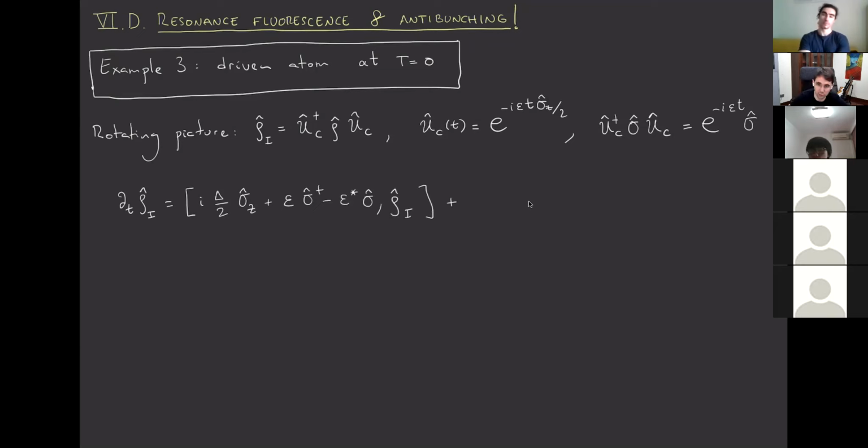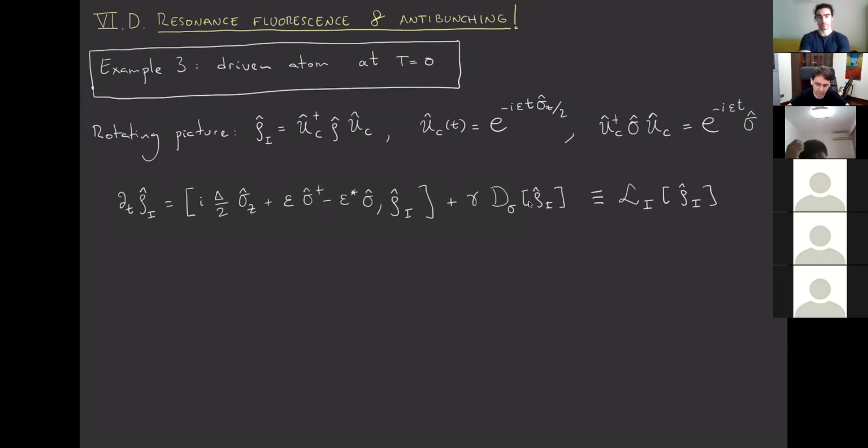And then we have a dissipation term that, because we are at 0 temperature, only contains excitations that are going out of the atom, what we call spontaneous emission. And this, in our current language, this is the Lindbladian acting on the state. Okay.